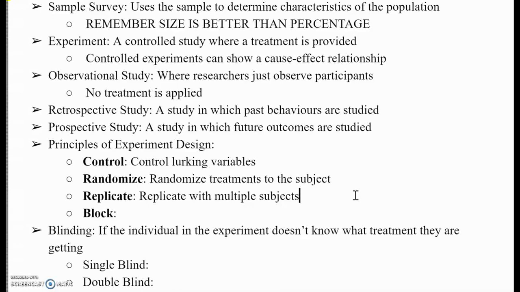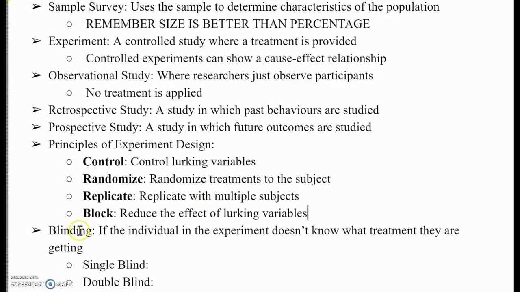So I need to do it with a large spread of people. And finally, block. Blocking just helps reduce the effect of lurking variables. So blocking just helps reduce certain effects that could be caused from lurking variables.